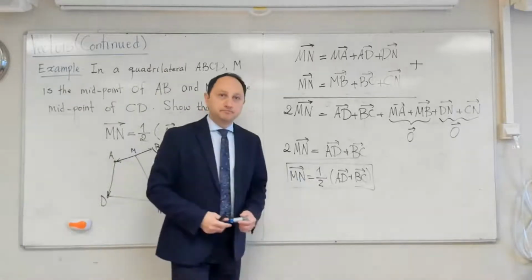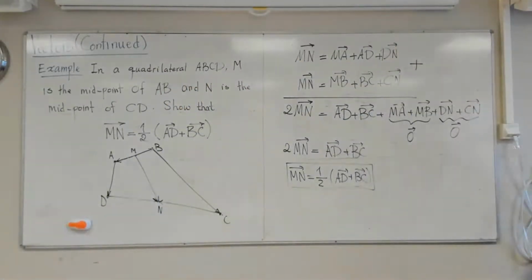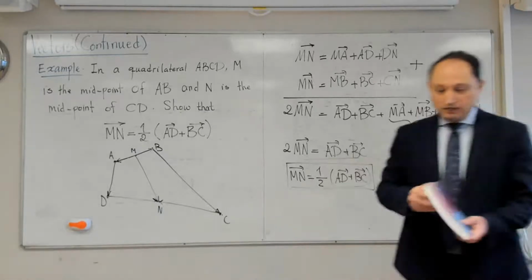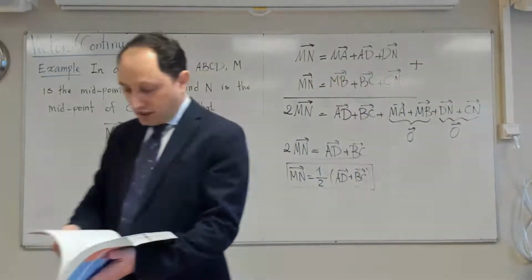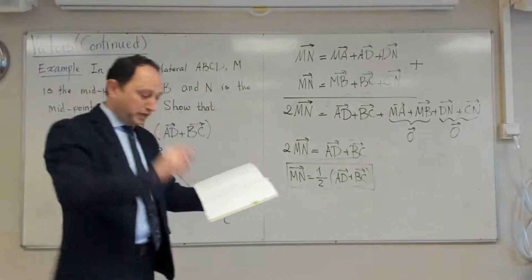Is that clear? Okay. There is a problem in the book. Where is my book? Oh, it's here. This is a level 3 problem in the book. That's also nice. I think you can solve it now, if you have learned what I said. I want to wait for you.